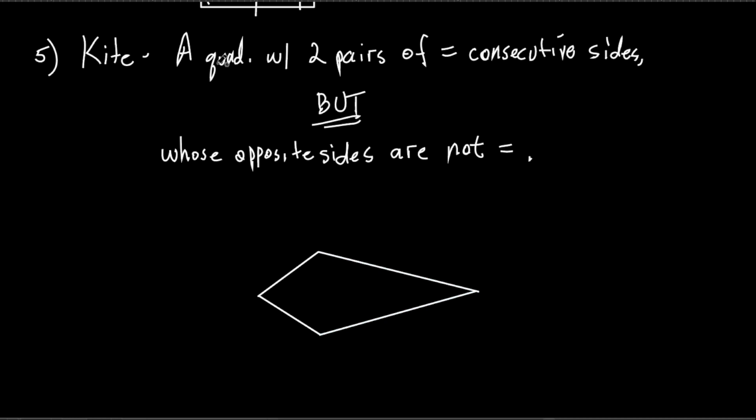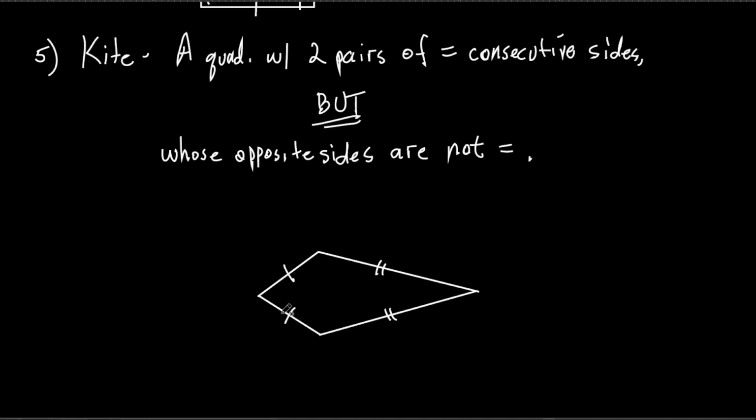Now, what does it say? It says it's a quadrilateral. Is this a quadrilateral? Yeah. It says with 2 pairs of equal consecutive sides. What does that mean? What are consecutive sides? These two are consecutive, and these two are consecutive, right? So this one and this one are equal, okay? And then here's another one to make the pair.